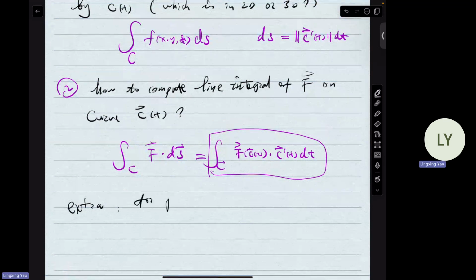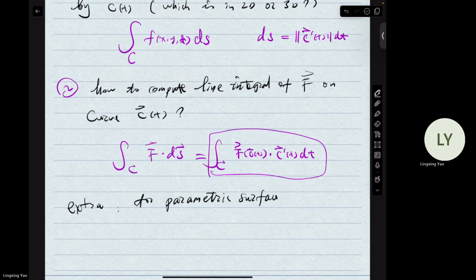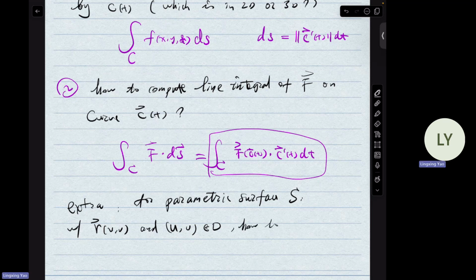and there's the actual calculation for parametric surface S, which has the parameterization r of u, v, and u, v is from the domain D. How to find the normal vector of this surface S?